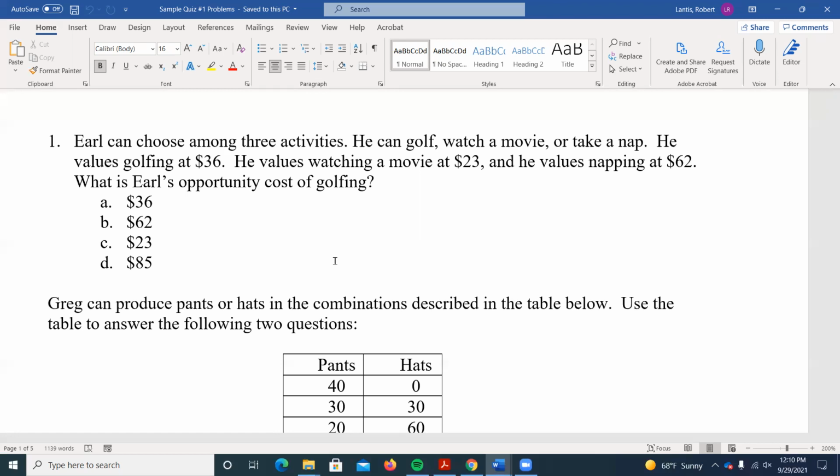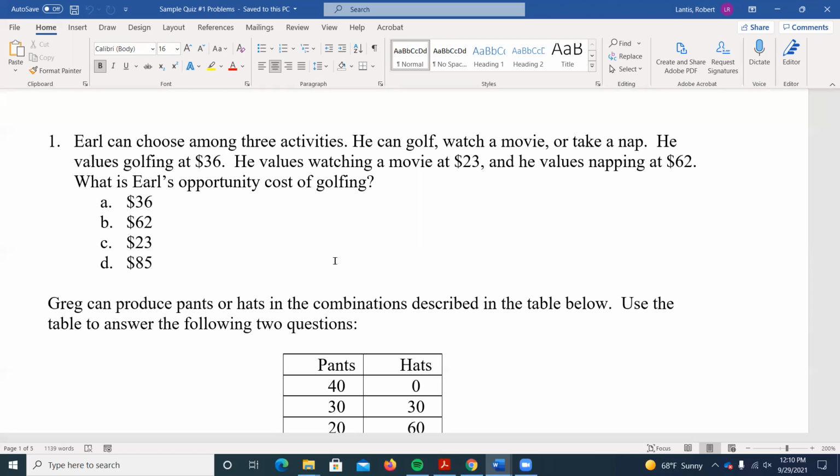If he instead chose golfing, his marginal benefit is only $36, while the opportunity cost would have actually been 62.